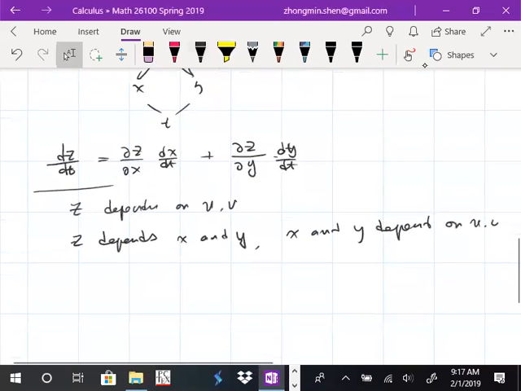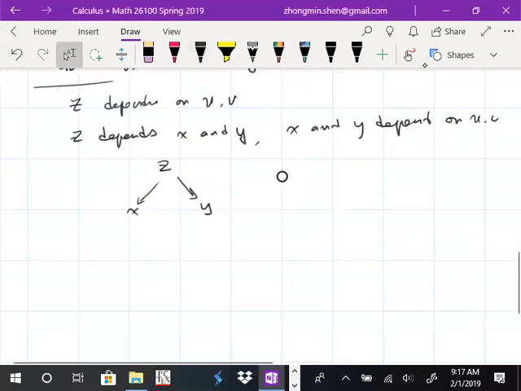So how can I use a picture here? First of all, z depends on x, it depends on y, but both depend on two variables. Okay, that's a picture. I'll give an example. For example, z equals x times y.